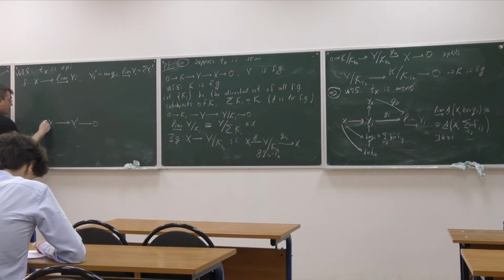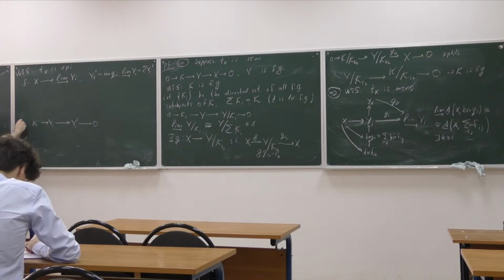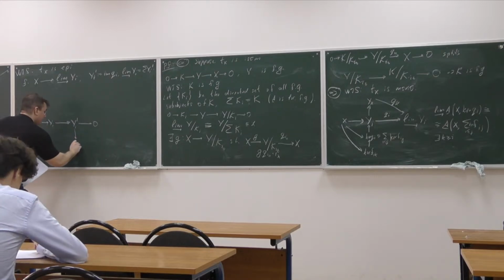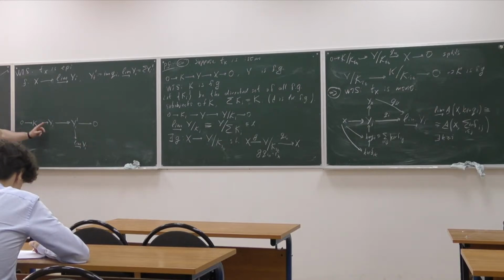I have some kernel; let me call this k, the kernel of this map. Here I have a canonical map to the limit. Essentially, this composition is just the map qi, just another way to present this map.